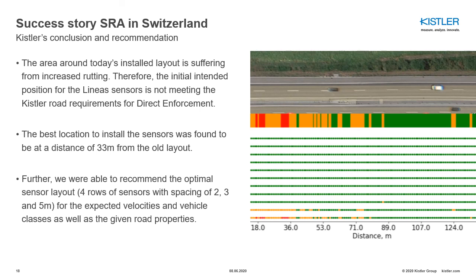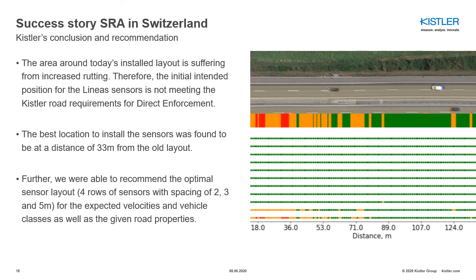What's the conclusion? The area around today's installed layout is suffering from increased rutting. Therefore, the initial intended position of the Lineas sensors is not meeting the Kistler road requirements for direct enforcement. The best location to install the sensors was found to be at a distance of 33 meters from the old layout away.